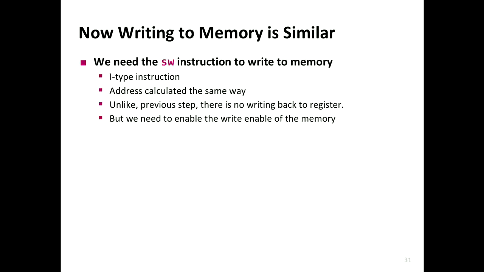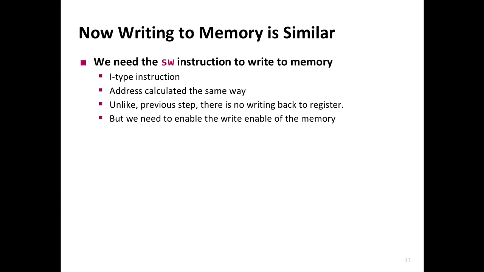And if you want to do a store word operation, it's also an I-type instruction. There are not many changes to be made in the way in which you calculate the address, because it's exactly the offset plus base address. The only difference is that in a load word instruction, you have writing back to the register file. The resulting data is written back into the register, but in a store word, you write it to the memory location.